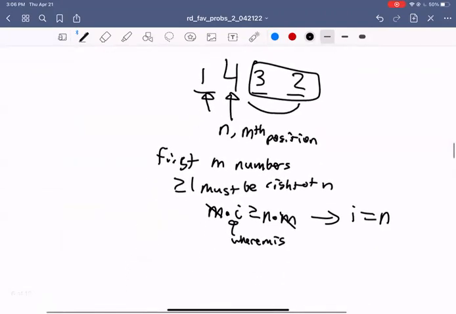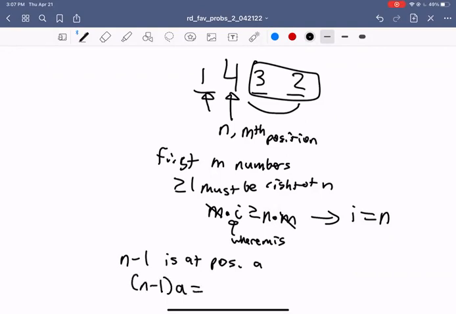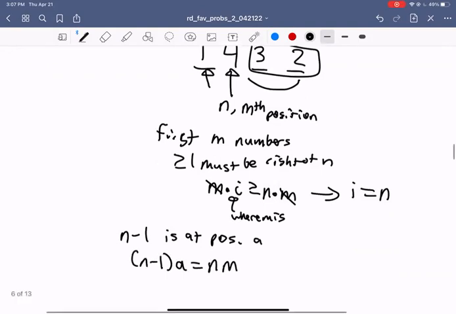And we can see that if n minus 1 is to the left of n, then there also must be another number smaller than n to the right of n, and then it will no longer work. So n minus 1 must be somewhere to the right of n. Let's say n minus 1 is at position a. Then we must have n minus 1 times a equals n times m.